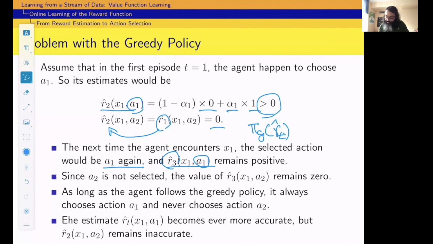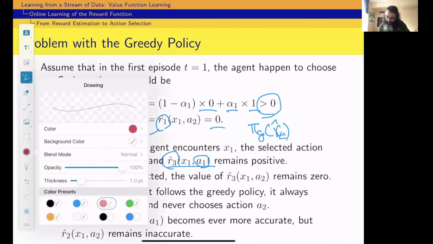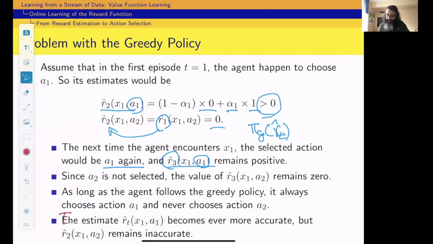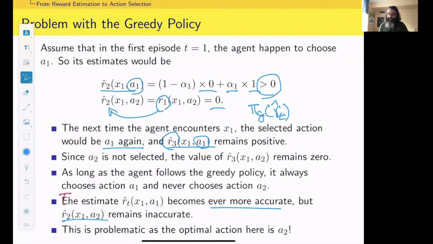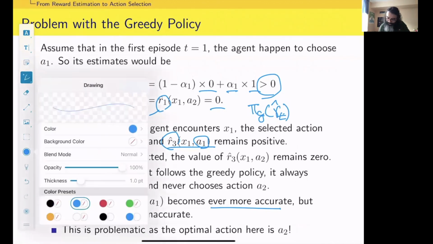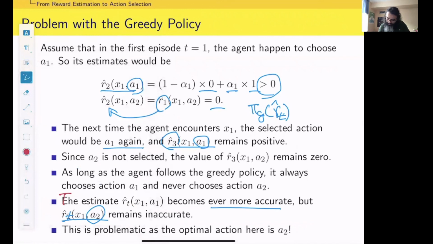So the estimate R hat becomes more accurate for A1, but R hat t at action 2 remains inaccurate.